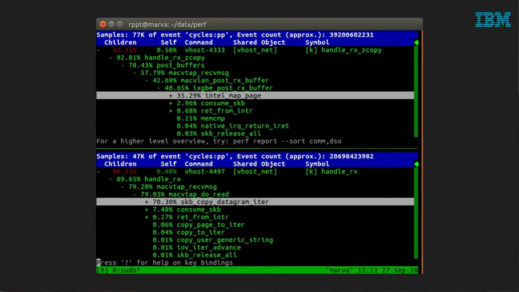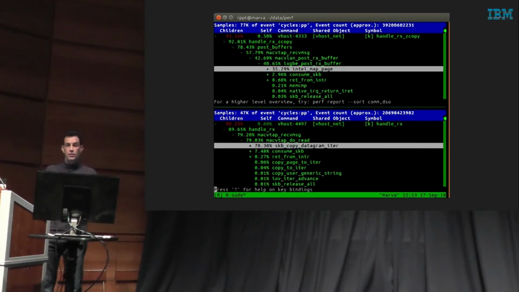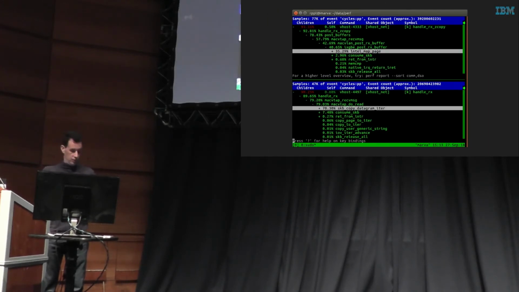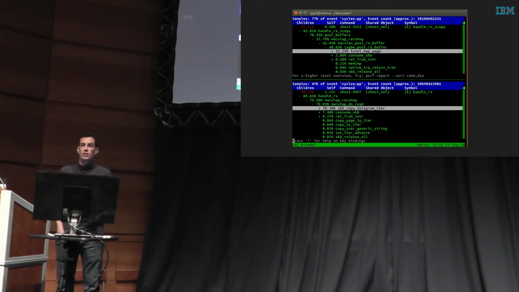So, perf again. We found that the bottleneck now moved from copy datagram to Intel map page. What is happening is that in normal operation, a NIC device driver maintains a page pool and it recycles the pages whenever it runs out of memory.